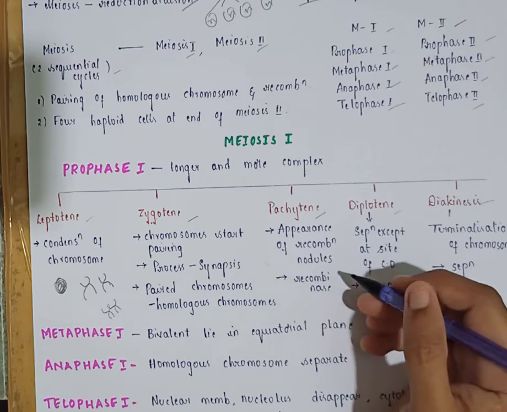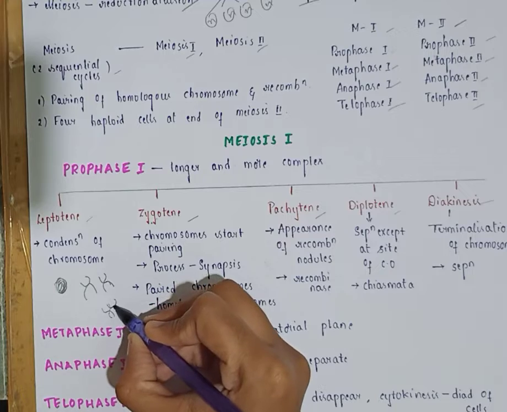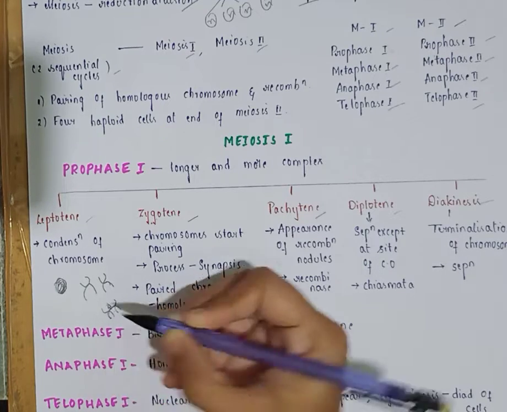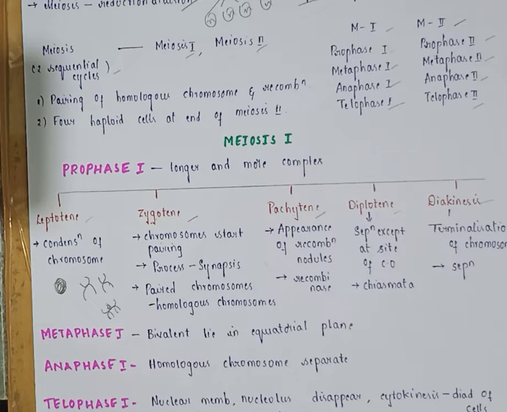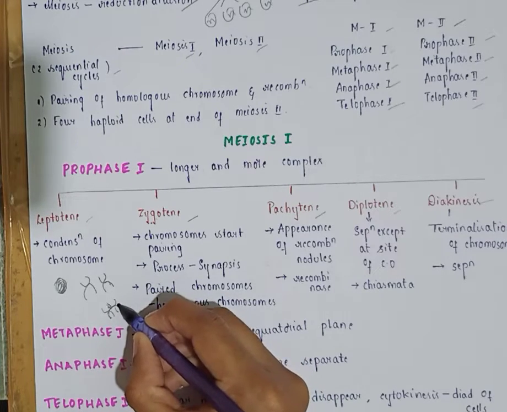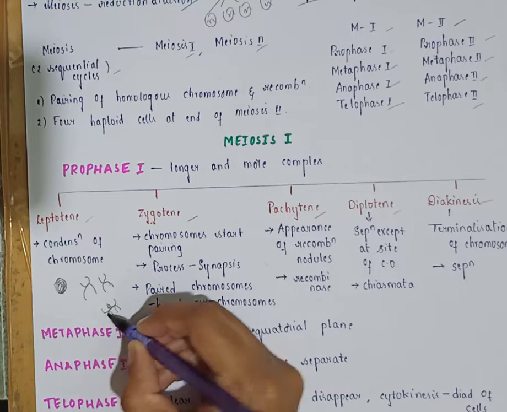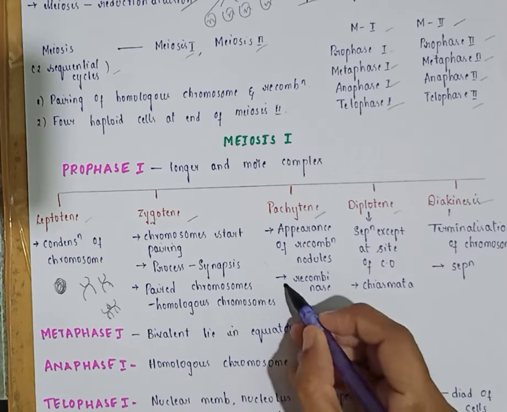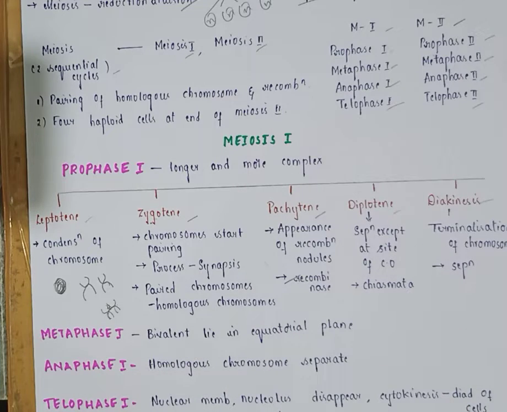If this chromosome is paired with this chromosome, at this site recombination nodules are formed. These recombination nodules are useful for the exchange of arms of the chromosome. So this arm of the chromosome is exchanged with this chromosome. This process is called recombination, and the recombinase enzyme is useful for the recombination.